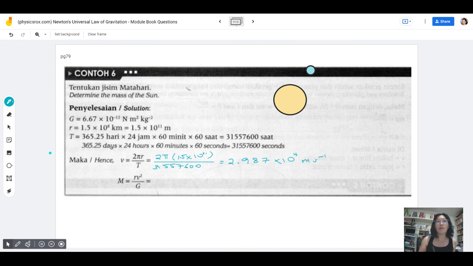Then to work this out, you just need to substitute the values in. 1.5 times 10 to the power of 11 for the value of r. v is what we've just calculated, 2.987 times 10 to the power of 4, squared. And G is, of course, the standard 6.67 times 10 to the power of negative 11. So working this out, let me calculate that.